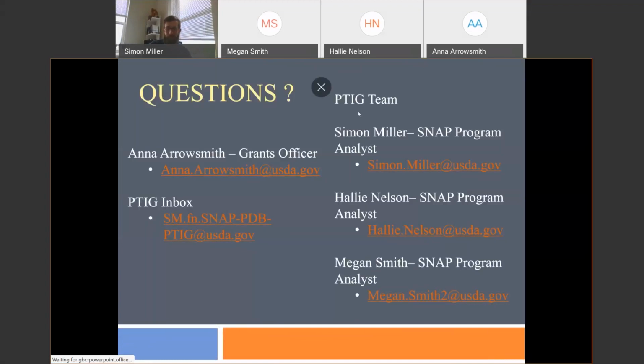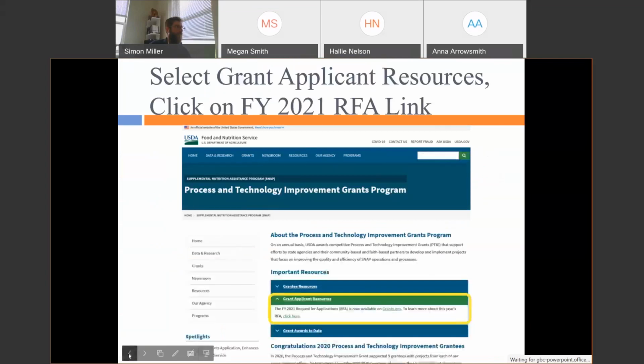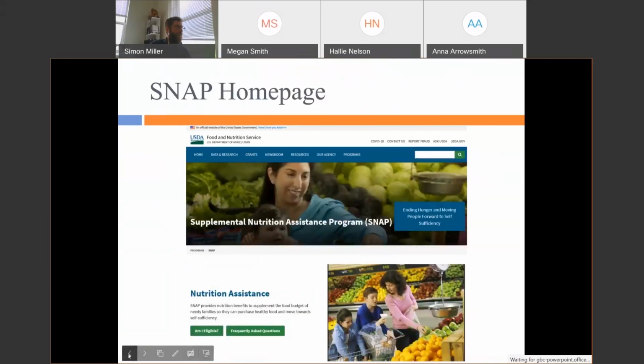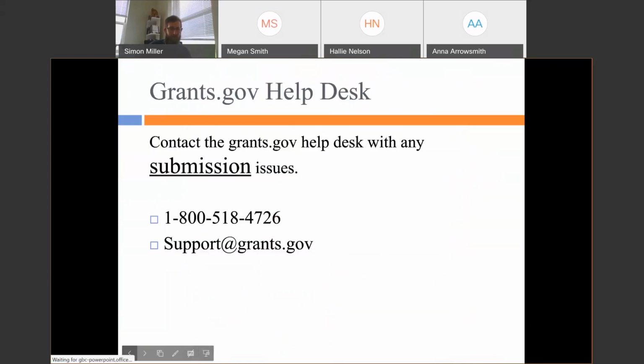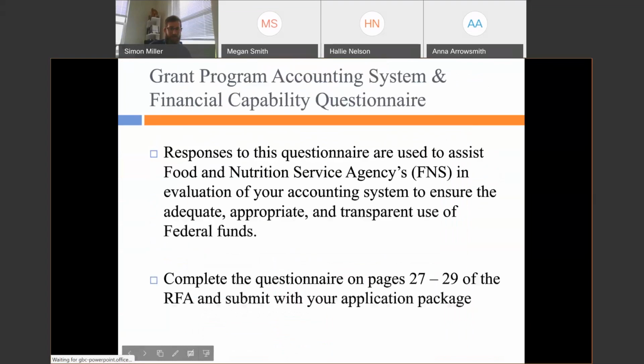Thanks, Anna. I see another question here. What are the CalFresh outreach activities that would or would not be allowed? I think I would potentially need more. Let me go back to the outreach slide. It's really tucked away under there.